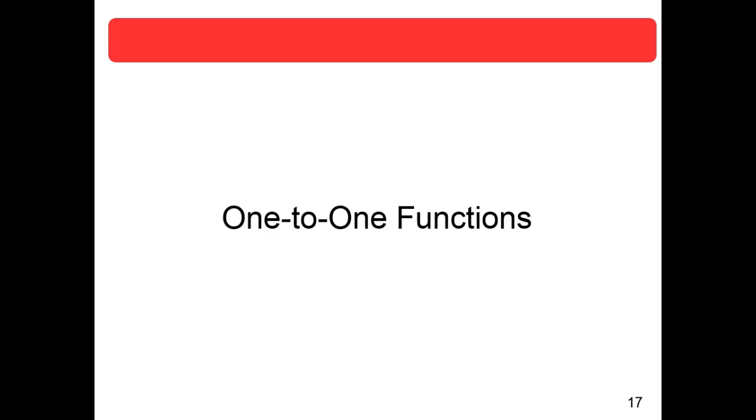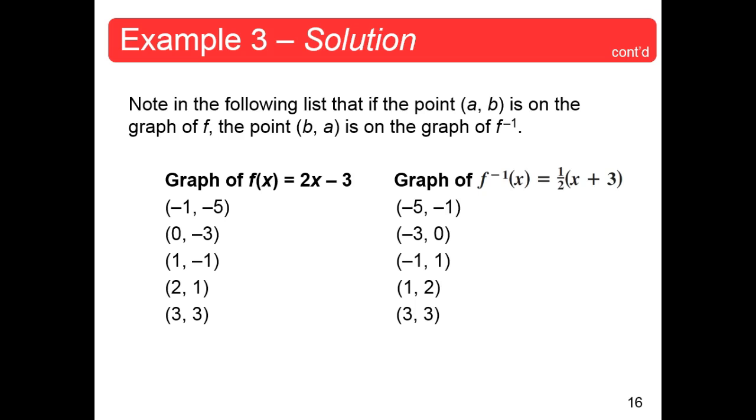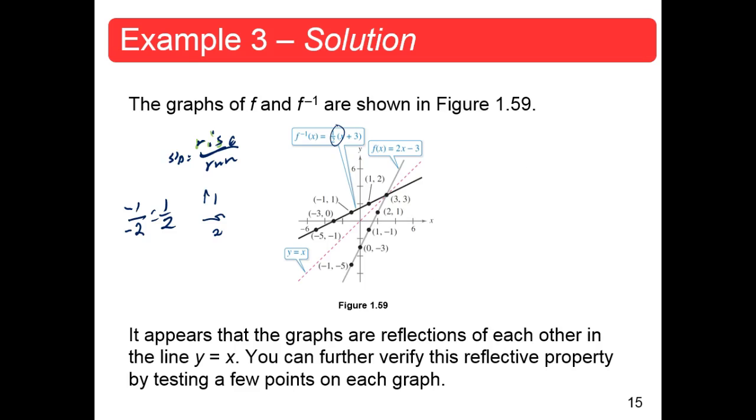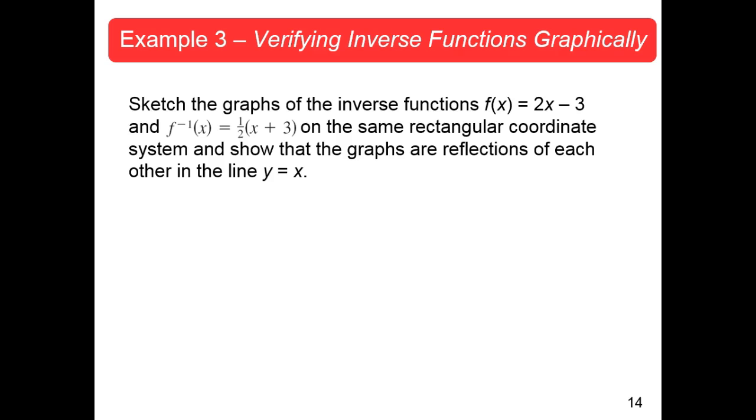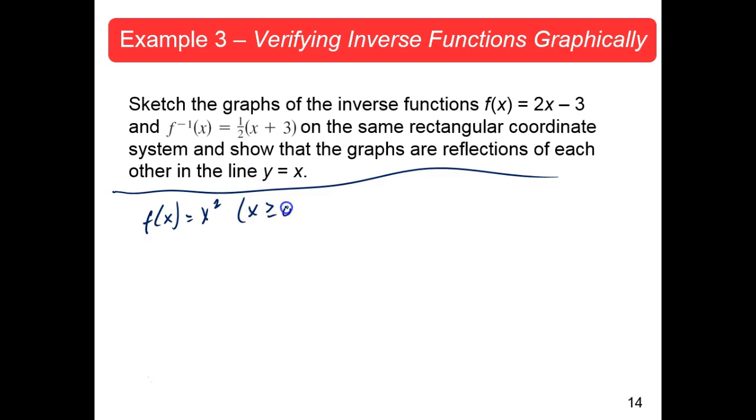Now, they're skipping example 4. Shame on them. Oh, and by the way, there's a checkpoint right after example 3. So let's go back and do example 4. Verify graphically that the functions f of x equals x squared, and then they put in parentheses for x greater than or equal to 0.